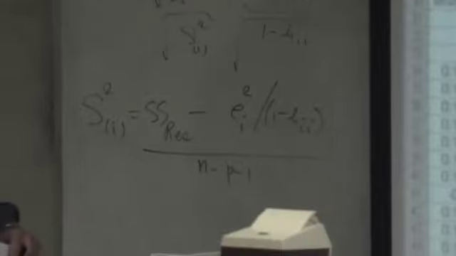In my particular application, my SS res was 37.04. My EI squared was 1.199 squared. 1 minus HI was 1 minus 0.866. How many degrees of freedom were there for error?